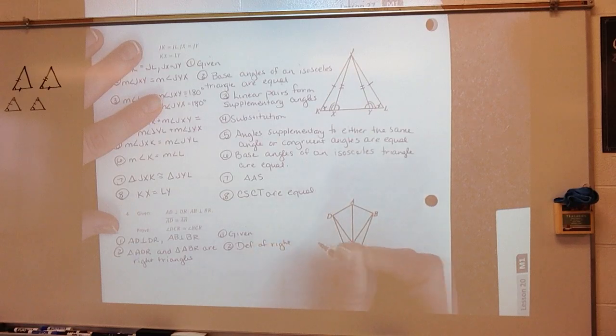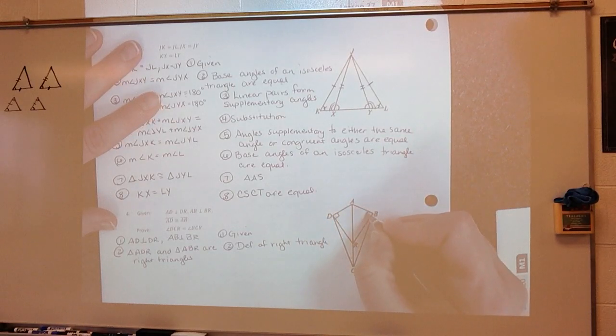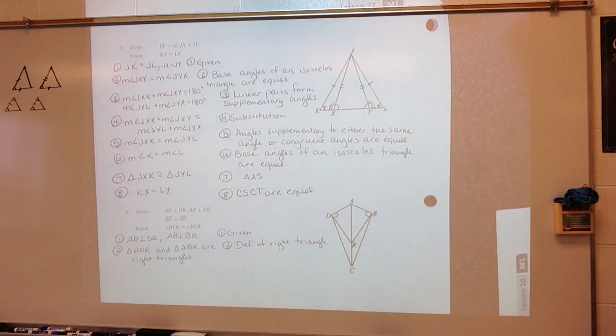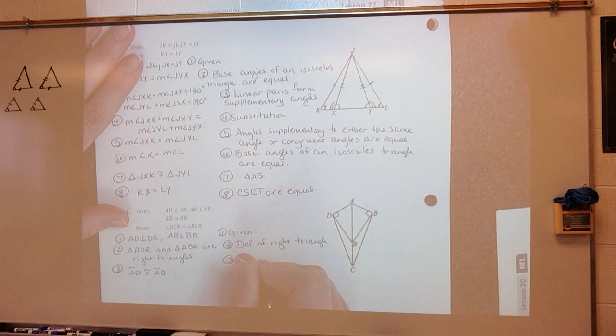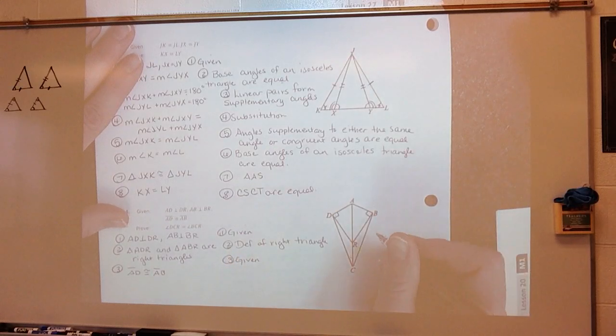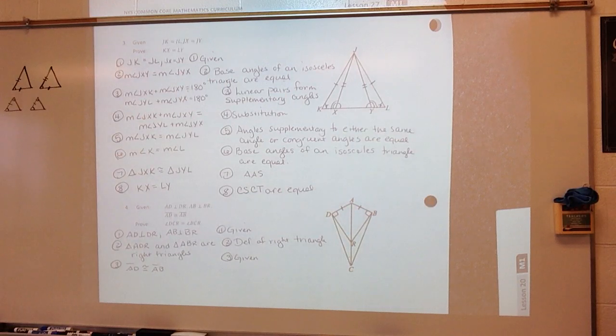It requires one right angle. And guess what? I have a right angle right here and a right angle right there. Alright, my next step, I'm given that AD is congruent to AB. That is given. So AD is congruent to AB.